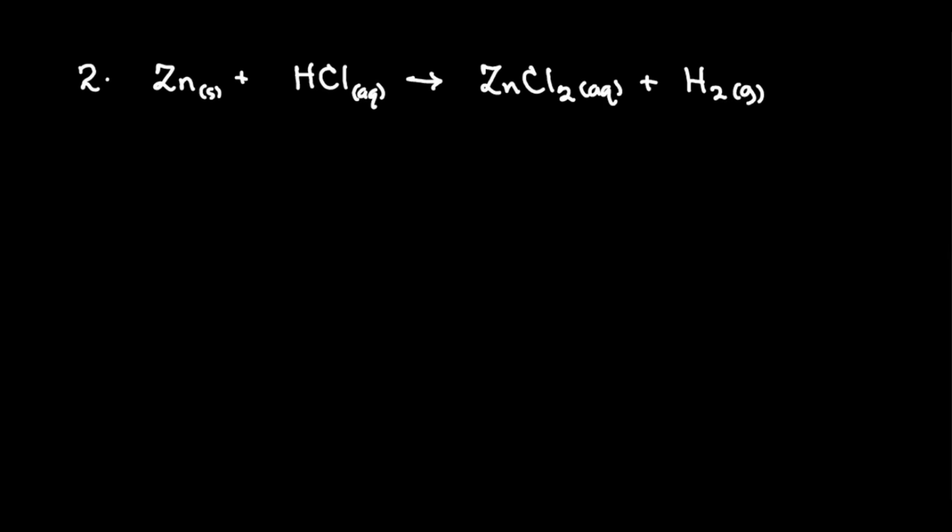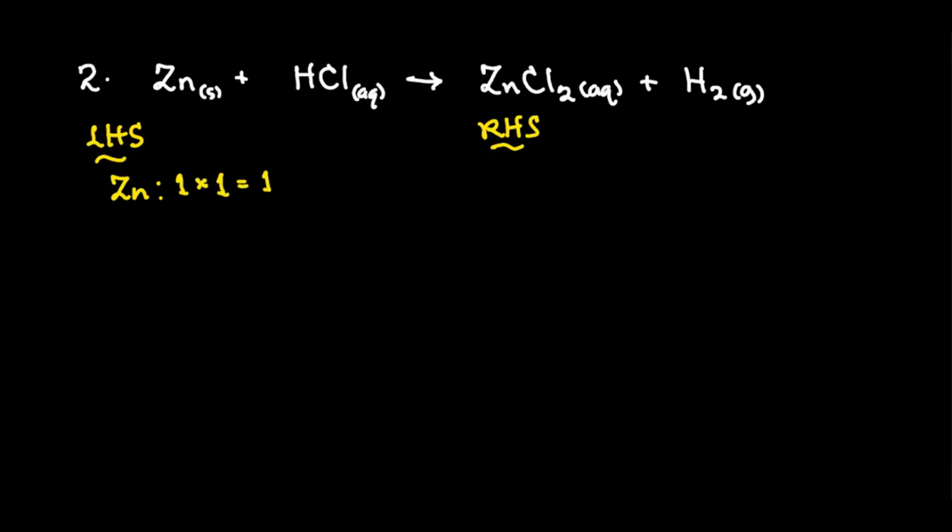The second rule says we should count the atoms of the elements on both sides of the equation to see if they are balanced. So let's do that on the left-hand side and on the right-hand side. The number of zinc atoms on the left-hand side is 1 times 1.